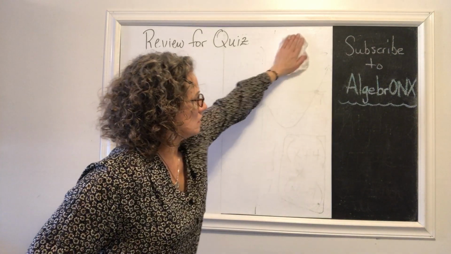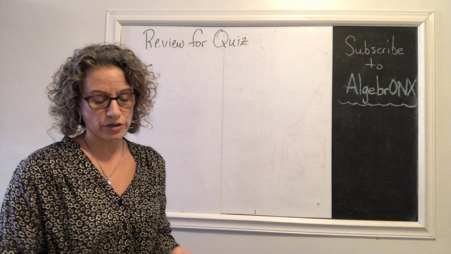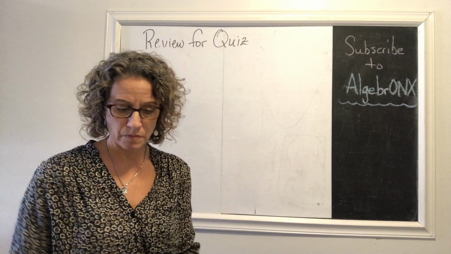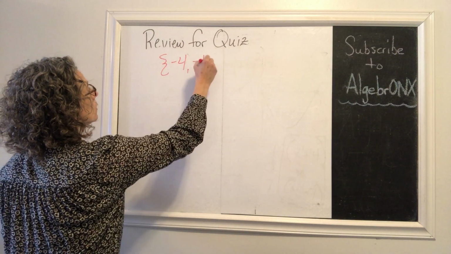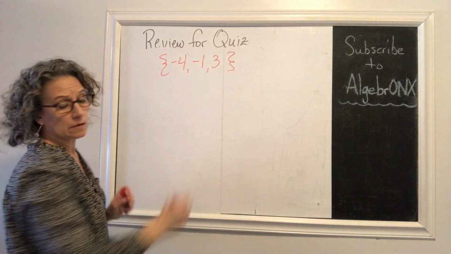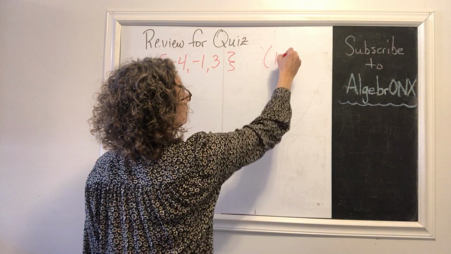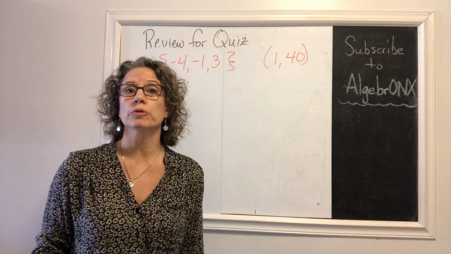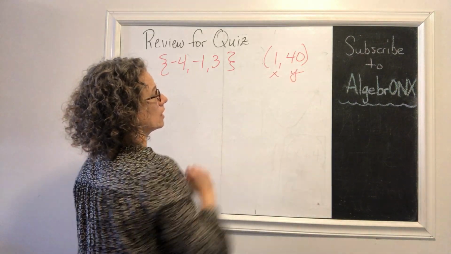The question is this: write an equation of a cubic function that has x-intercepts that are negative 4, negative 1, and 3, and it's going to pass through the point (1, 40). So that's going to be my x and my y.